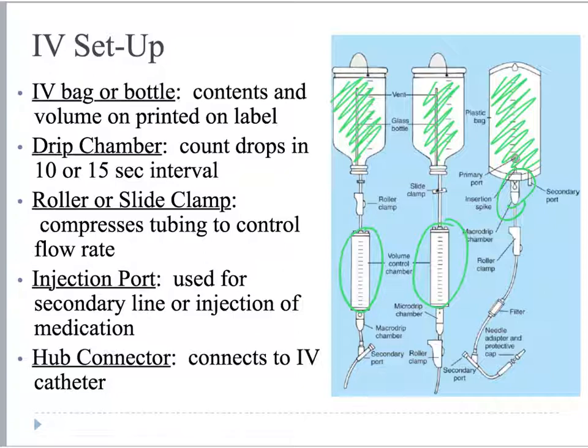If I'm manually setting the IV, I would count drops in 10 or 15-second intervals by counting the drops in the drip chamber. I would adjust those drops using what's called the roller clamp or the slide clamp. So in each of those setups, I can see that clamp, and that compresses the tubing to control our flow rate. Next, we have our injection port, and this is used for our secondary line or our injection of medication.